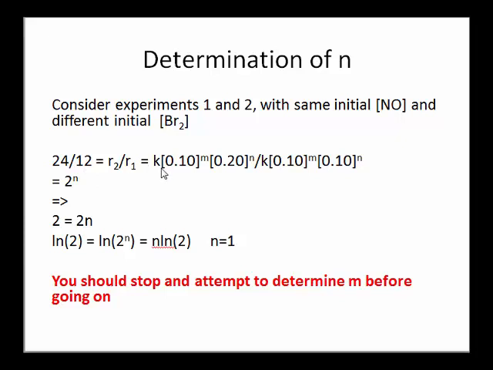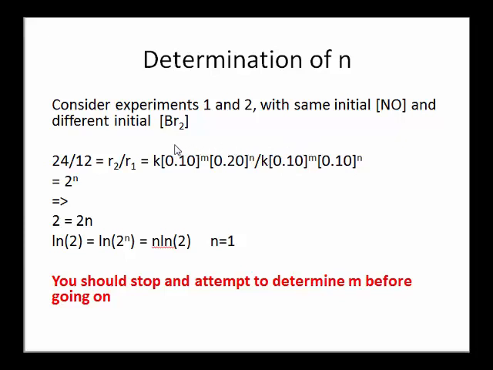However, that is equal to 0.1, the concentrations of NO and Br2 from experiment 2 times the rate constant, divided by the concentrations from experiment 1.